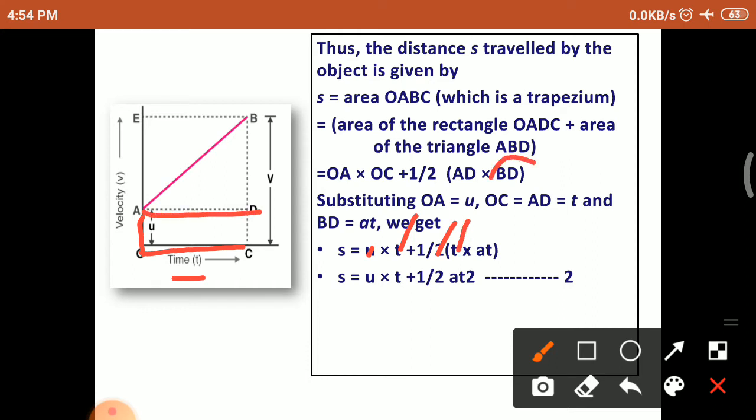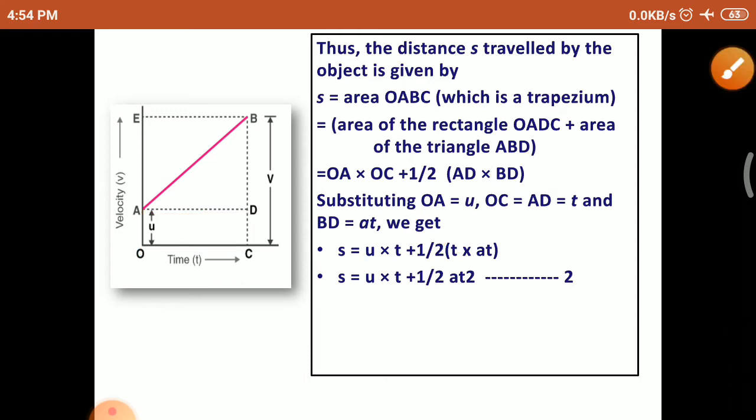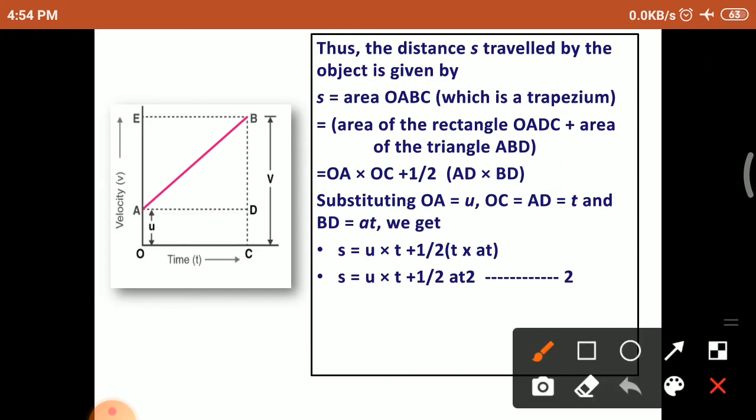The value of BD, in the first equation of motion, we know that BD equal to AT. Now see here, U into T, UT, half, T into T, T squared, A. So S equal to UT plus half AT squared.